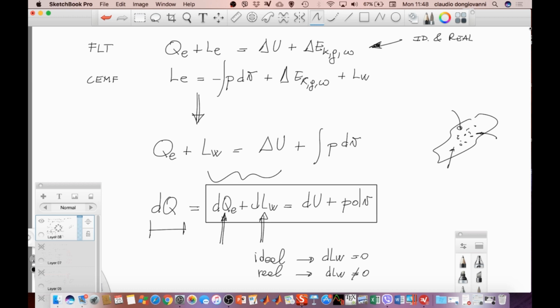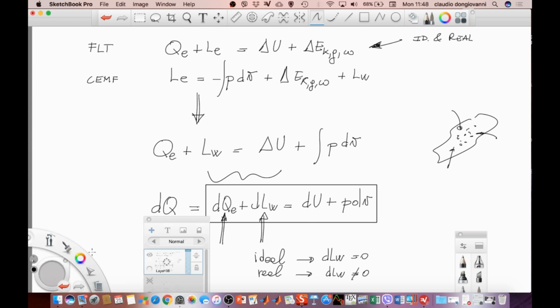U. The effect of the real case, the effect of LW, will be here, because LW heats your system and increases its temperature. You are not able to see it alone because it is in the variation of internal energy. When you separate the mechanical energy from the whole amount of energy, so separate heat from work, you see its effect.